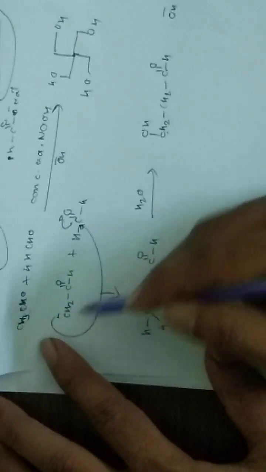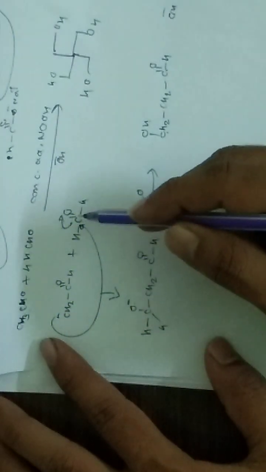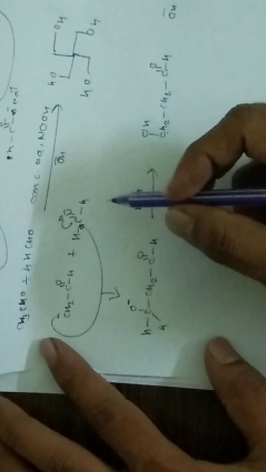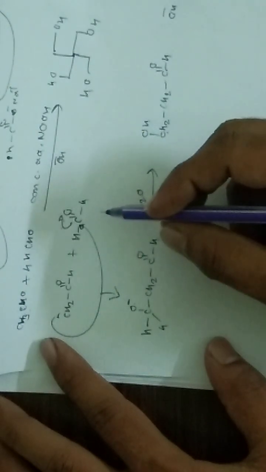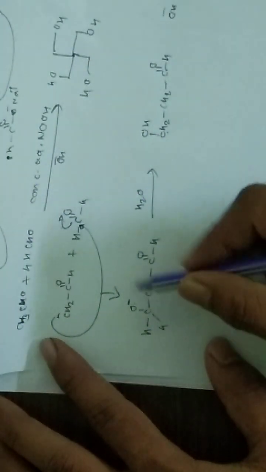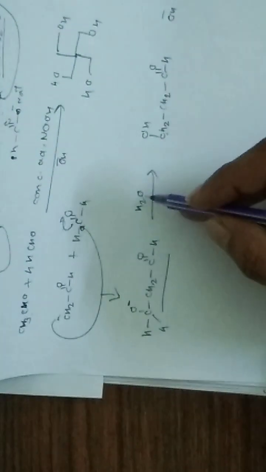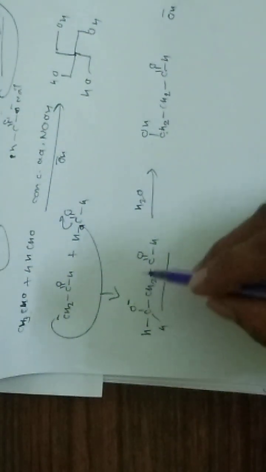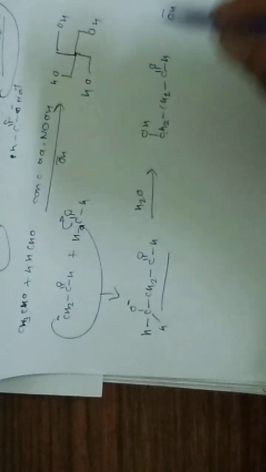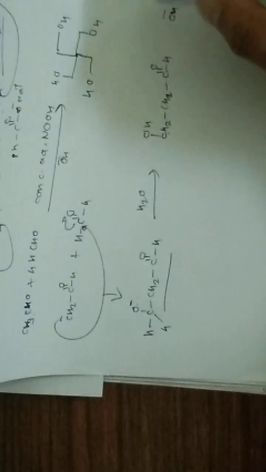This will form a carbanion. This will attack that carbonyl carbon, this bond will open. So what is formed here? This intermediate is formed after hydrolysis, that is workup. This is formed as an alcohol. So this is the product. Again it has 2 alpha hydrogen atoms. The base is also present in the reaction, because the base acts as a catalyst.